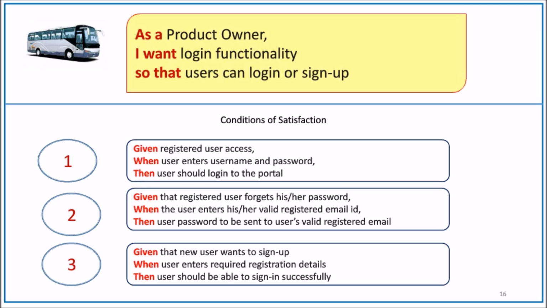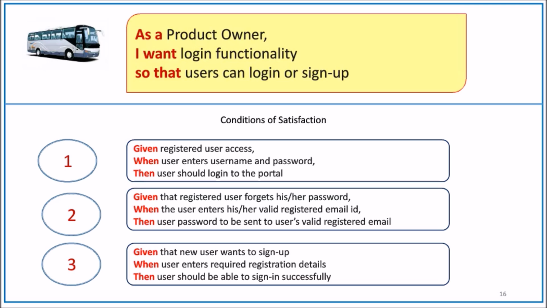Second is, given that a registered user forgets his or her password, when the user enters his or her valid registered email ID, then the user's password is to be sent out to the user's valid registered email. So this is talking about the forgot password functionality. Then the third one: given that a new user wants to sign up, when the user enters the required registration details, then the user should be able to sign up successfully.